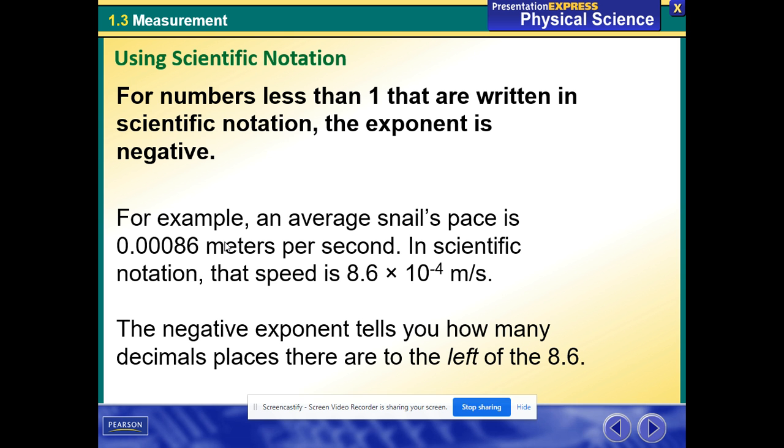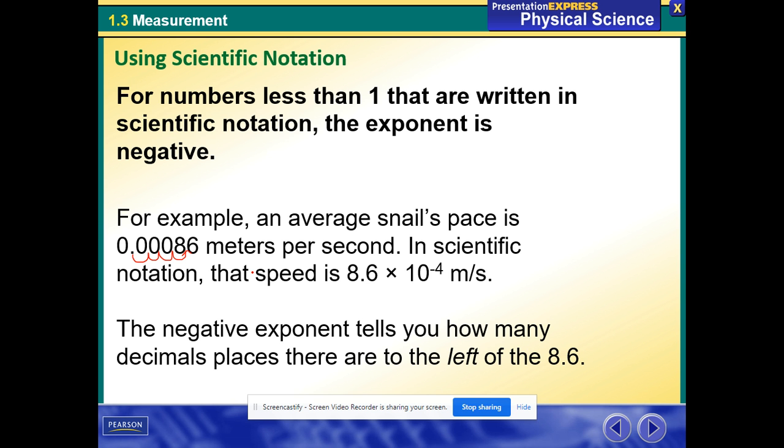On the opposite side, well, what if the numbers are less than 1? How do we write those in scientific notation? Well, it's very simple. The exponent would just be negative. For example, an average snail's pace is 0.00086 meters per second. This number right here is not between 1 and 10, so we have to move our decimal over until we get a number between 1 and 10.